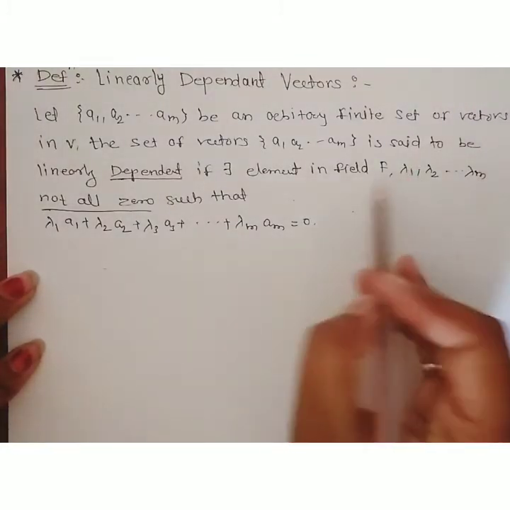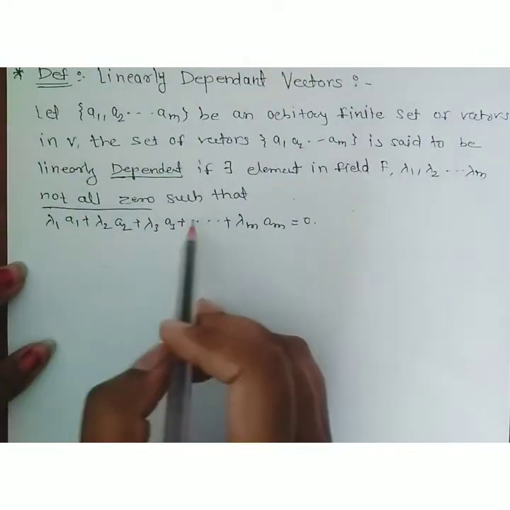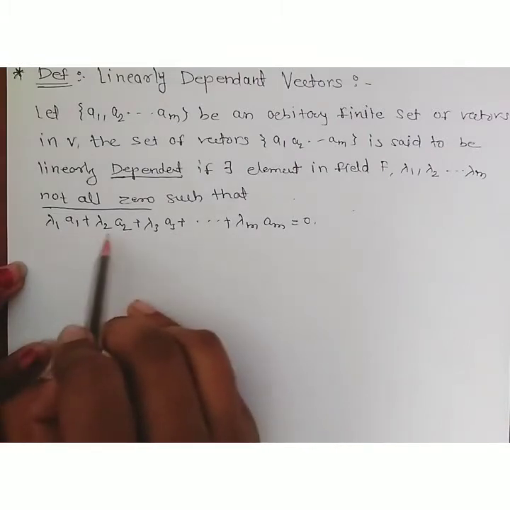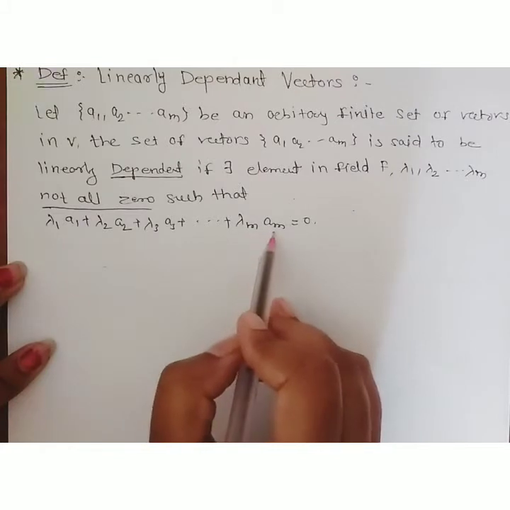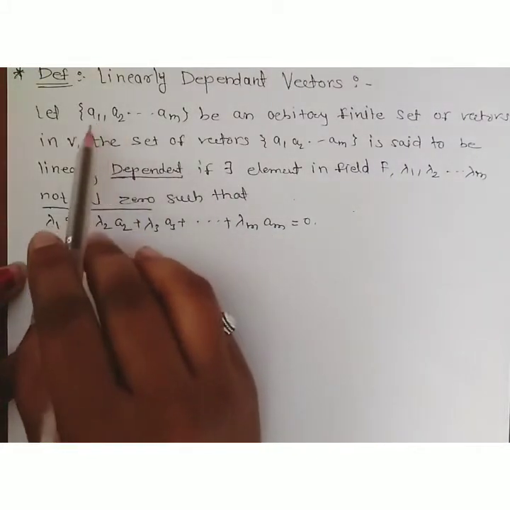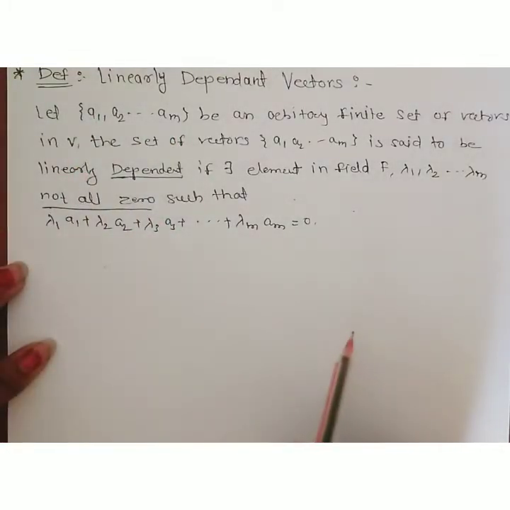So there exist some elements in the field, lambda 1, lambda 2, up to lambda m, not all 0, such that the linear combination lambda 1 a1 plus lambda 2 a2 plus lambda 3 a3 plus up to lambda m am is equal to 0. Then this set of vectors a1, a2 up to am is said to be linearly dependent.